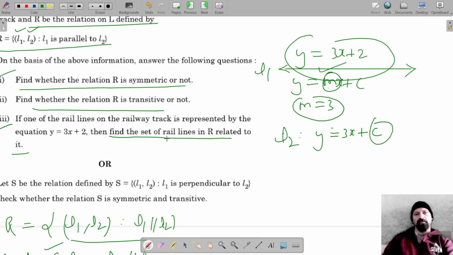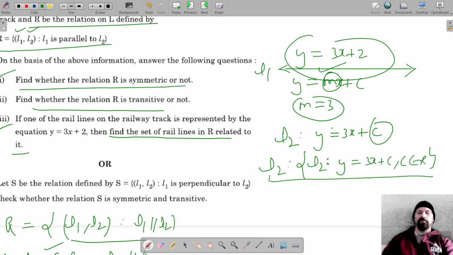So the set of real lines in R related to it, if you have to write that in set form, L2 will be the set of all lines L such that L has the equation y = 3x + c, where c belongs to any real number.